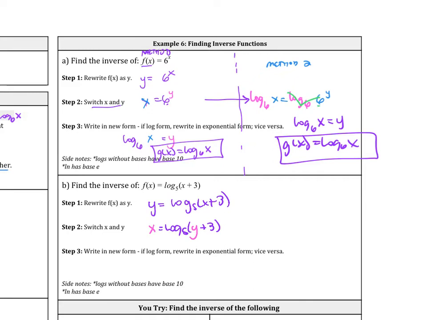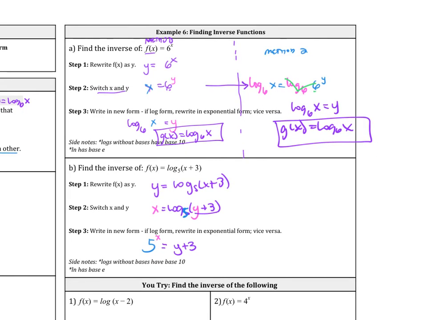And then if you want to rewrite it as an exponential, thinking about how we did it in the previous lesson, the base is 5, so 5, and then logs equal the exponent, so 5 to the x, and that equals the y plus 3, right? It's whatever's left over in here. Now to solve for y, you're going to subtract 3 from both sides. And so now you're left with g of x equals 5 to the x minus 3.